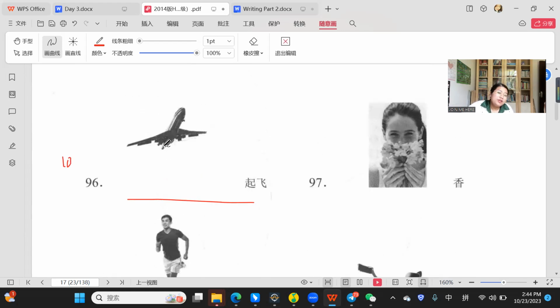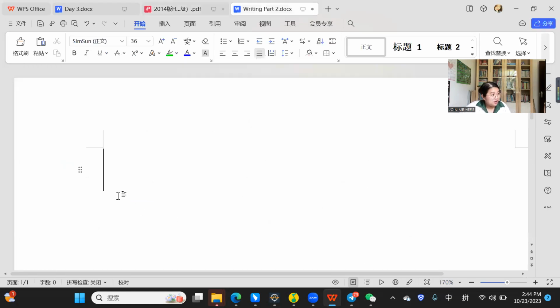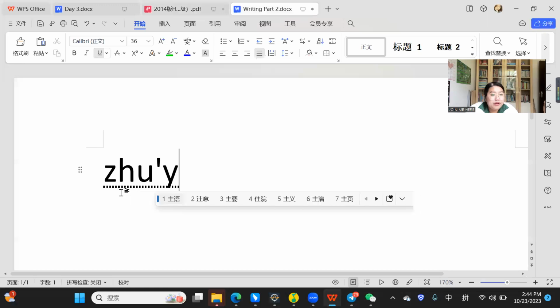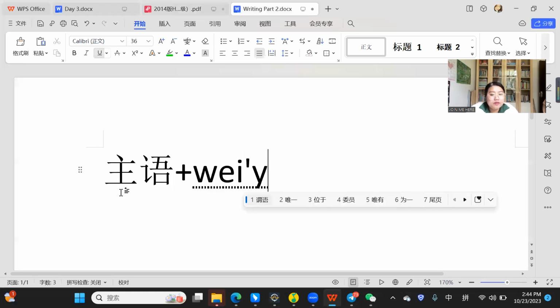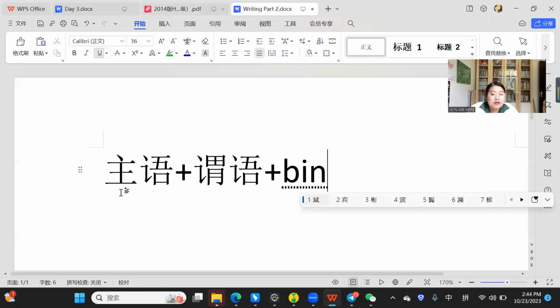Yes. And they give you one picture and one word. Most of the time, the word will be a verb, because in a sentence, the verb is the most important word to make a sentence. So we already talked about the pattern of the sentence, 主谓宾, right? 主语, 谓语, 宾语.